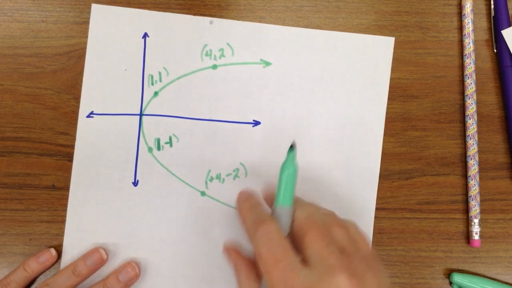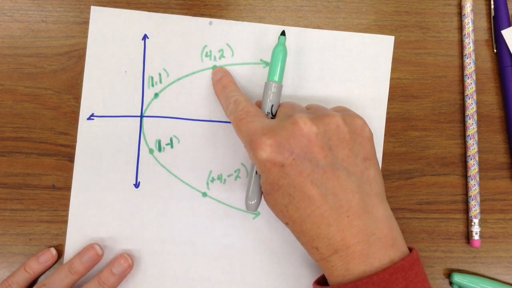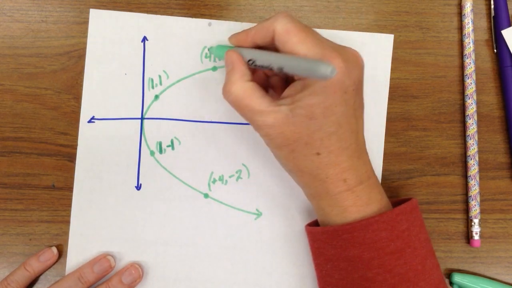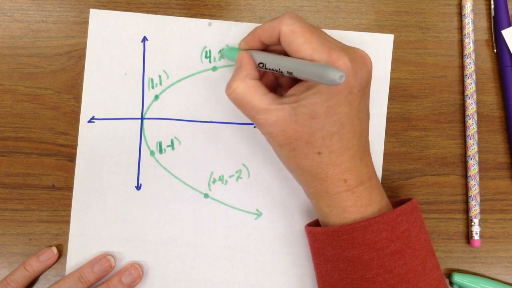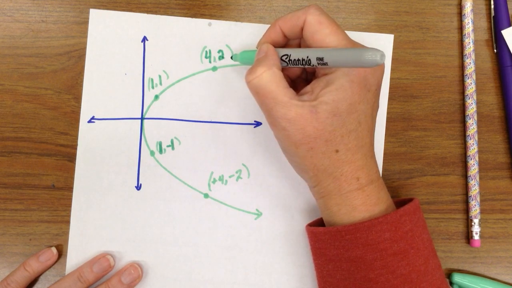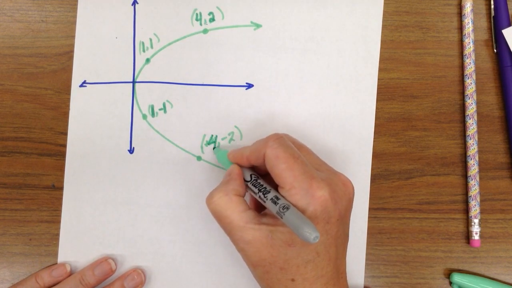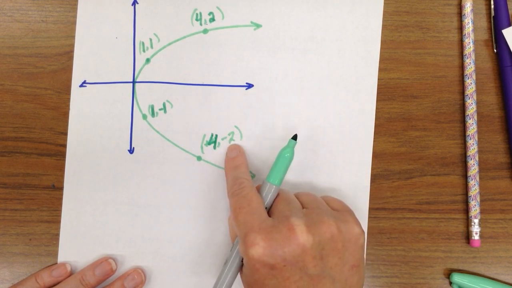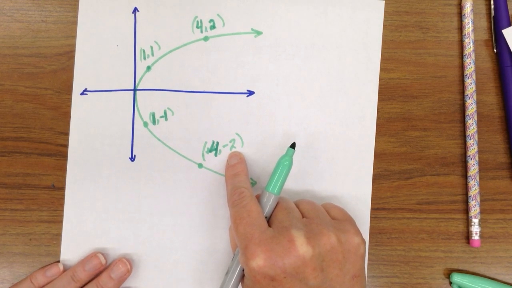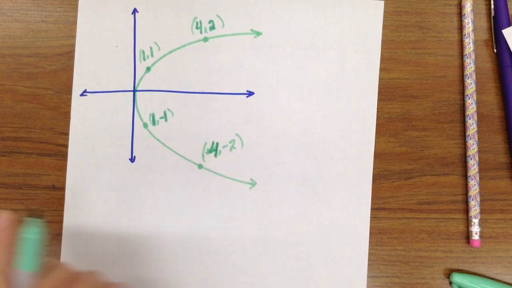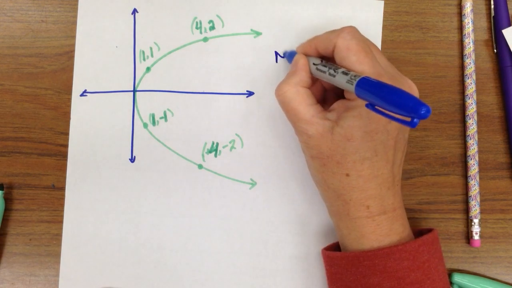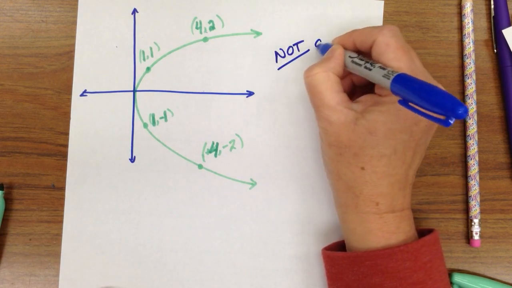Look over here. Here, 4 was filled into the function. This is your in. And 2 came out. However, later in the day, someone put 4 back into the function and a different answer came out. Now, there's a fast way to see if something is not a function when you have a graph.